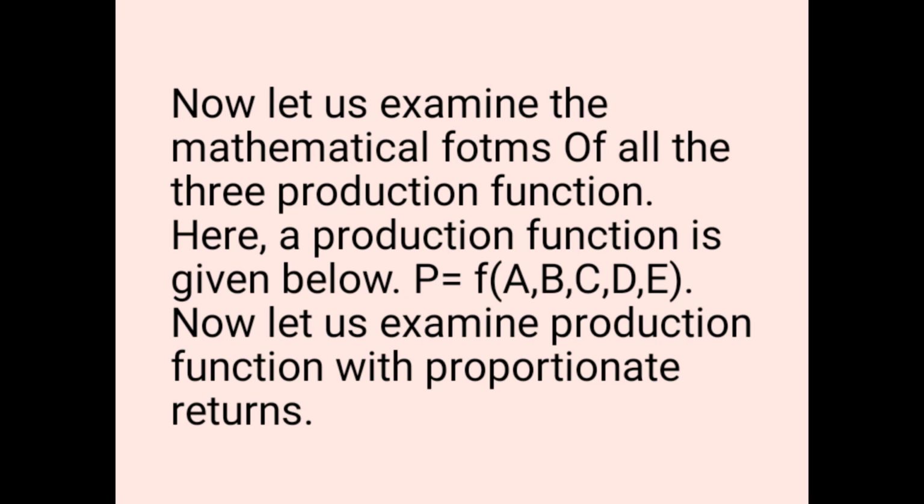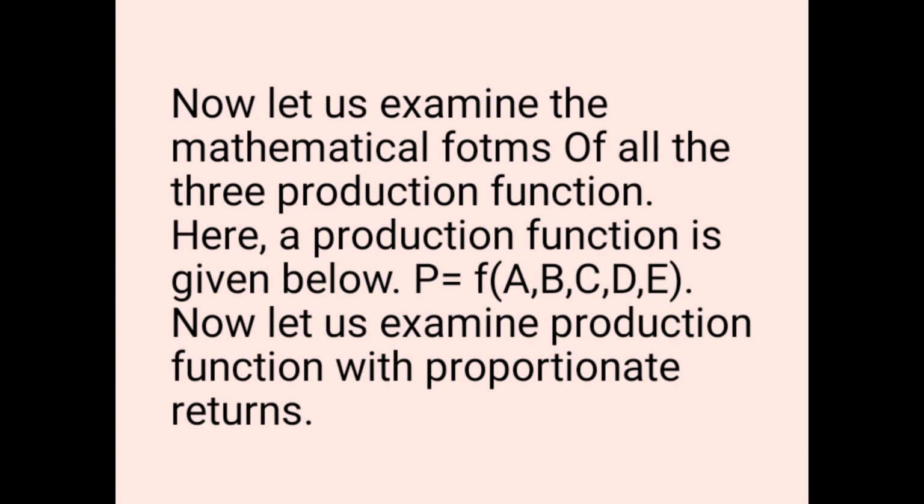If all the five inputs A, B, C, D and E increase up to n, we are increasing inputs up to n, in output also there is increase up to n. Whenever we are increasing inputs up to n, definitely we are going to increase outputs up to n.